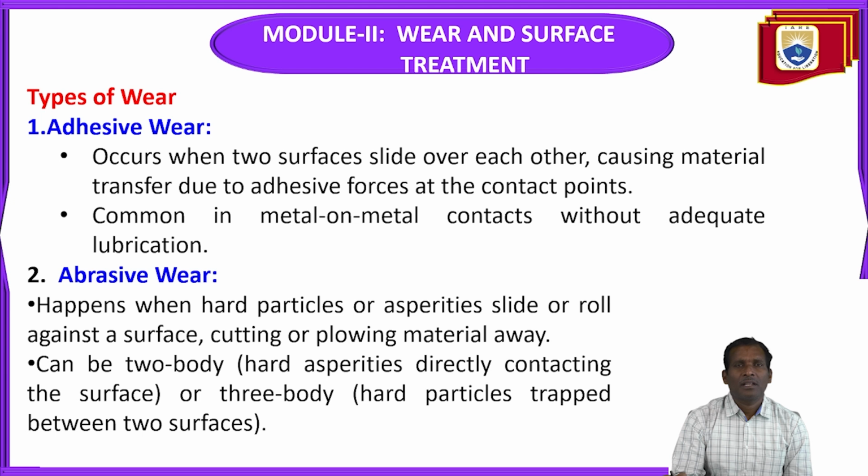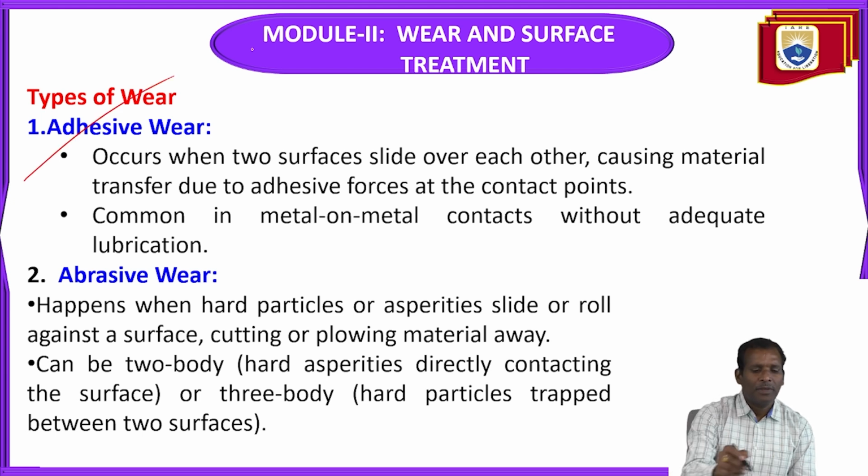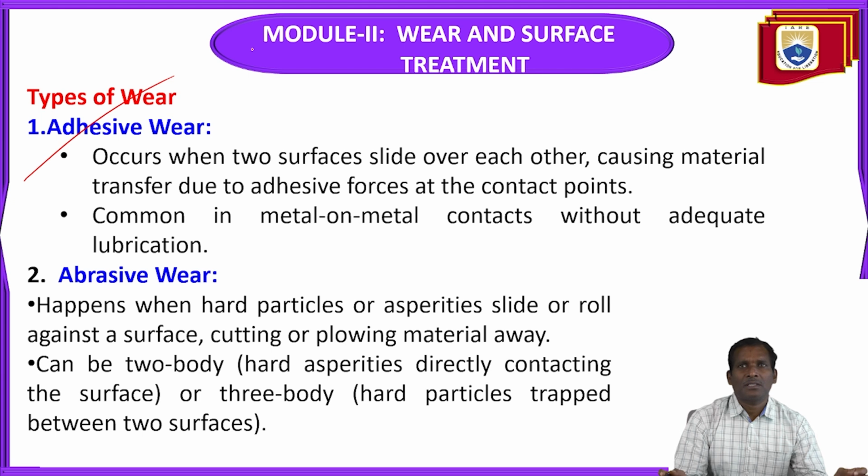Next types of wear: adhesive wear, abrasive wear. Adhesive wear occurs when two surfaces slide over each other, causing material transfer due to adhesive forces at the contact points. This type of wear is generally in metal on metal contacts without adequate lubrication.